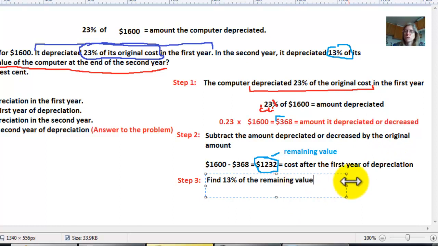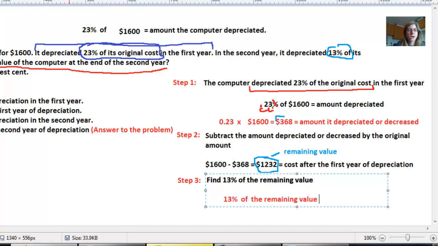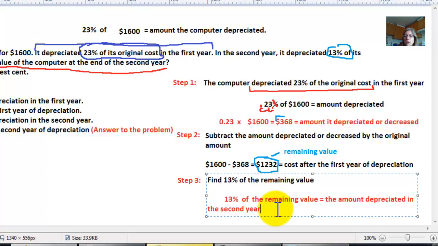Let's change those words into a little math sentence: 13% of the remaining value equals the amount depreciated in the second year. 13% times the remaining value of $1,232 will equal the amount depreciated in the second year.